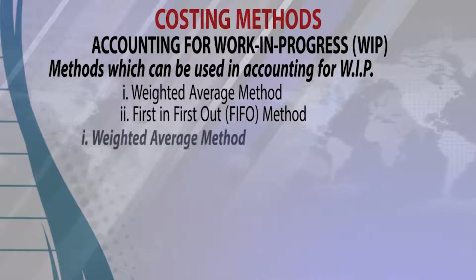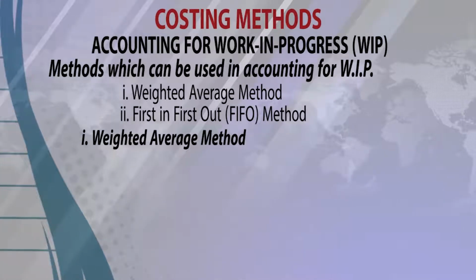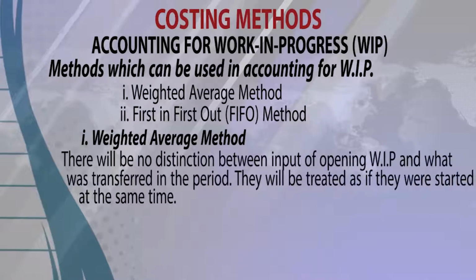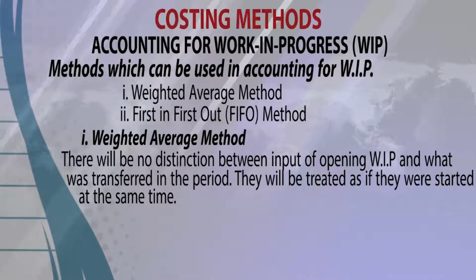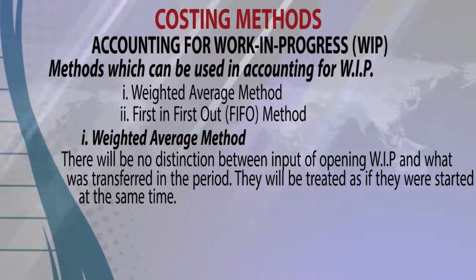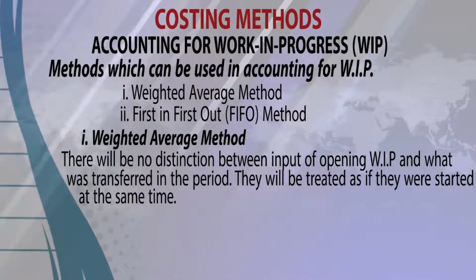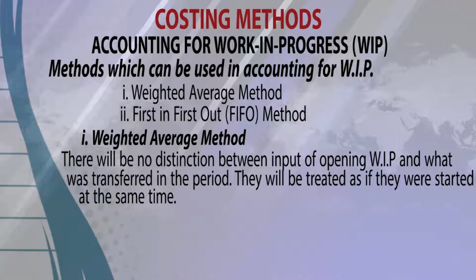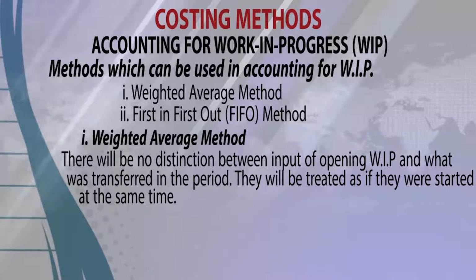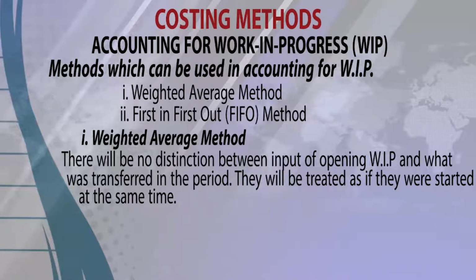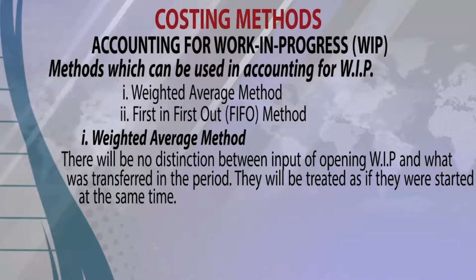Now, in the weighted average method, there will be no distinction between inputs of opening work in progress and what was transferred in the period. They will be treated as if they were started at the same time.